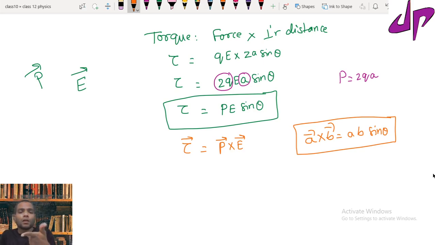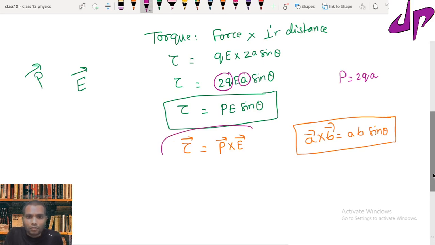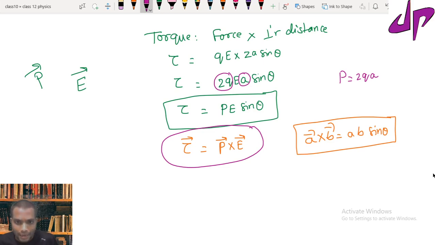Now if these three vectors are mutually perpendicular, if I show this as the electric field direction and this thumb as the dipole moment direction, now the torque direction is along this direction. So the torque is direction sensitive. The torque direction depends upon the dipole moment direction and electric field direction.